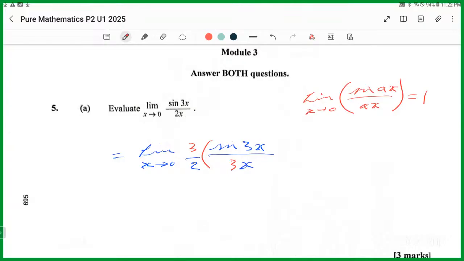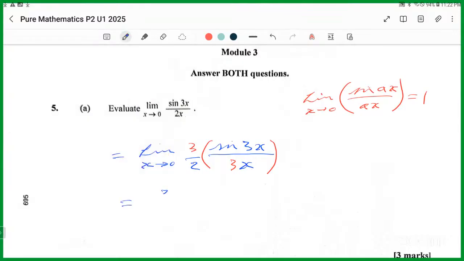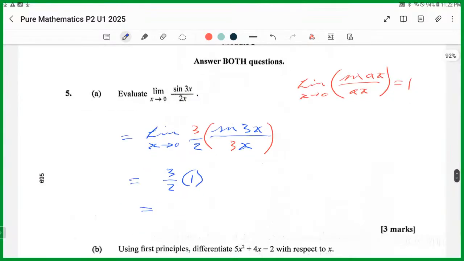That's what we end up getting. This part of it becomes 1 in the limit. This whole thing becomes 3 over 2 times 1, which works out then to be 3 over 2. 3 is the marks. Yeah, 3 over 2.